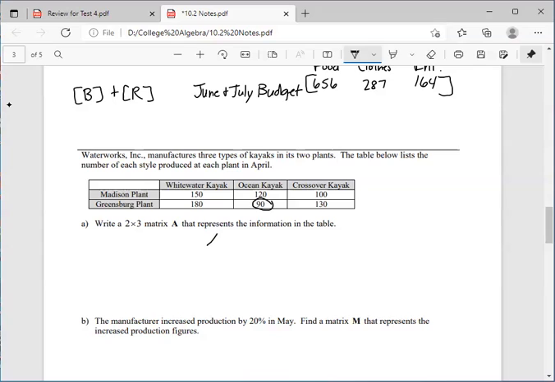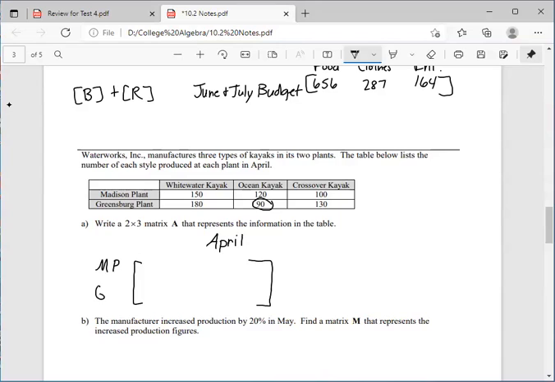So it's frustrating because this is just a matrix. It's a fancy table. So if I want to write a 2x3 matrix, I'm just basically describing what is in this table that's already there. I am going to use initials just to save us a little bit of time.